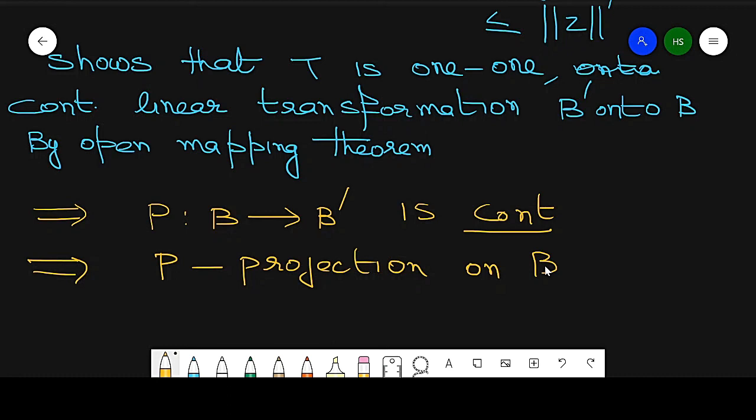So these are two theorems. These are very important theorems, and one theorem may be asked in the examination.